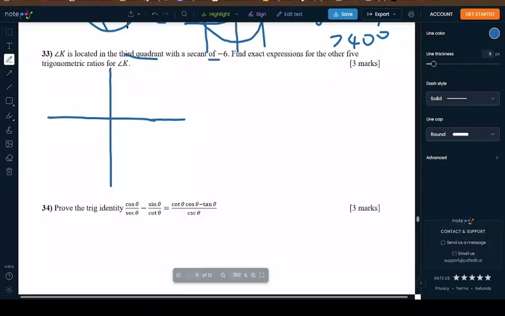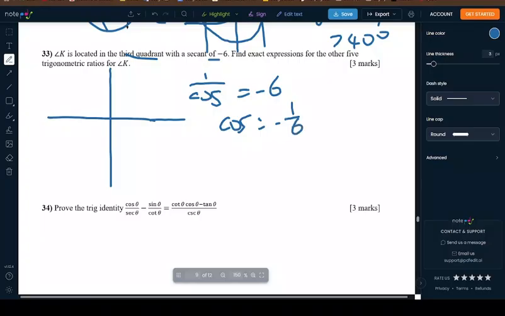Secant is 1 over cos. So 1 over cos is negative 6, or cos is going to equal negative 1 over 6.